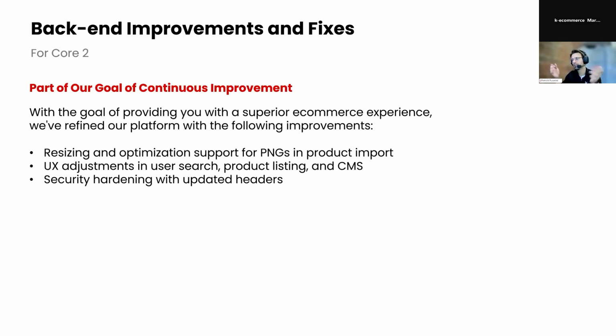What that would mean, long story short, is you upload a JPEG photo of your product, and then our system would take that JPEG and create a small, medium, large, extra large, and zoom sized file for that image automatically so that you don't have to.